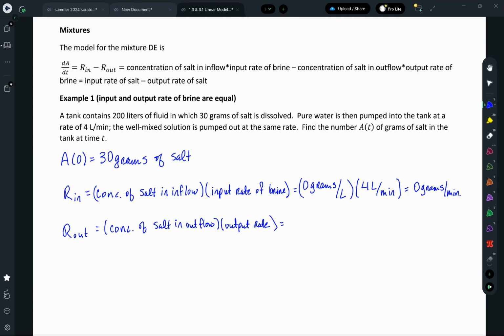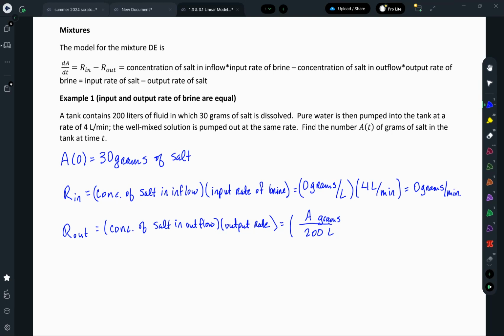We're pumping pure water in at 4 liters per minute and pumping out at the same rate, so the tank always has 200 liters. So the number of grams per liter is some amount of grams per 200 liters. A represents the number of grams, and when we don't know it, we just call it by the variable that represents it. So this is A grams of salt in the 200 liters.